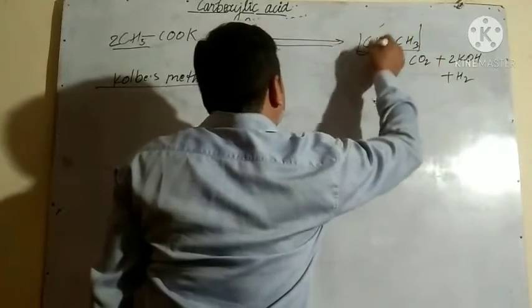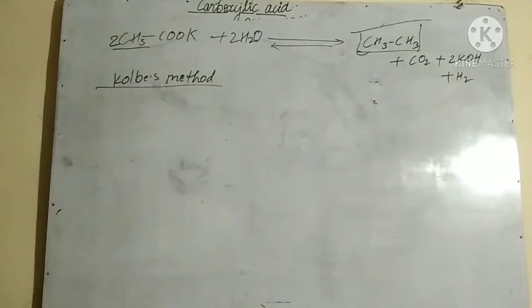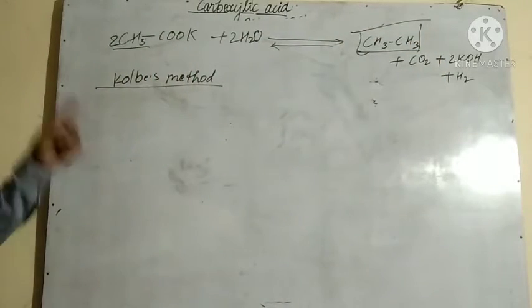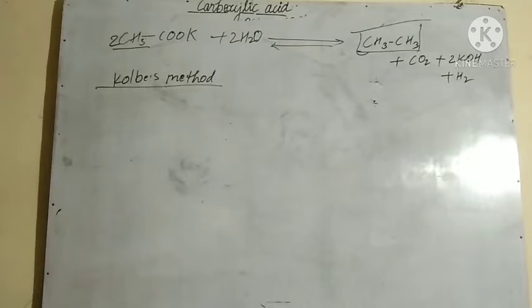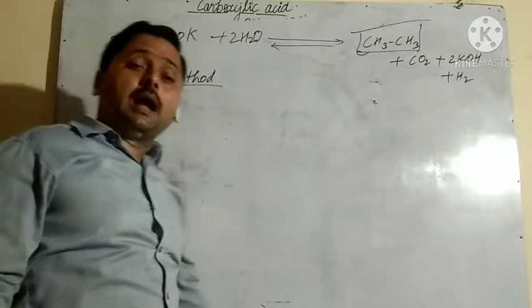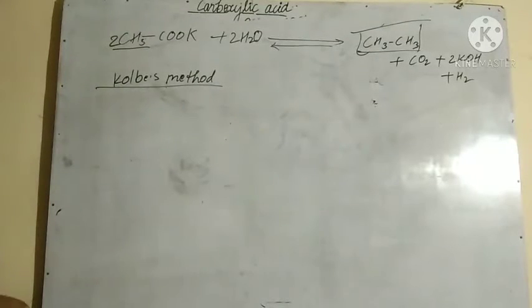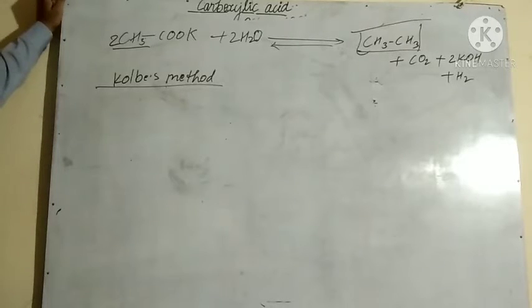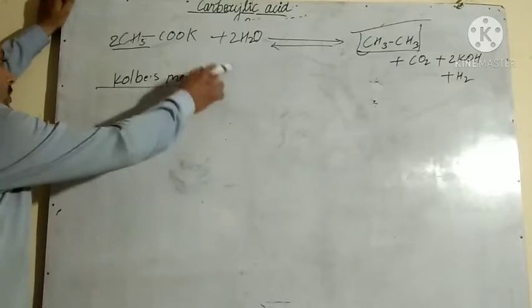So on this basis, we can use this method to increase the number of carbons in an alkane. Okay students, so what is the Kolbe method? When a concentrated aqueous solution of sodium or potassium salt is electrolyzed, it gives an alkane, and this method is called the Kolbe method.